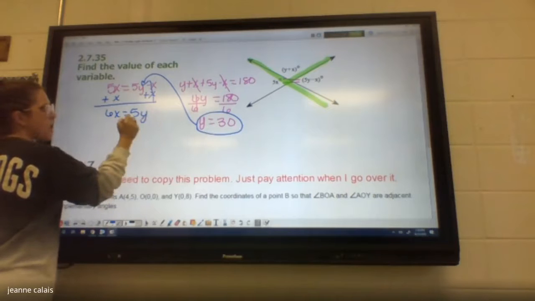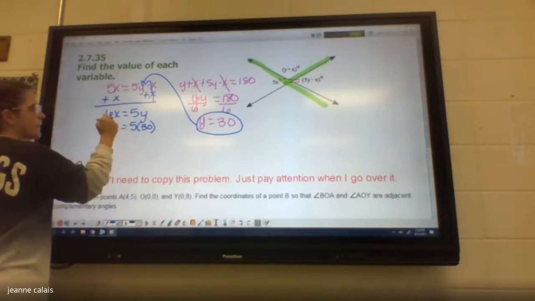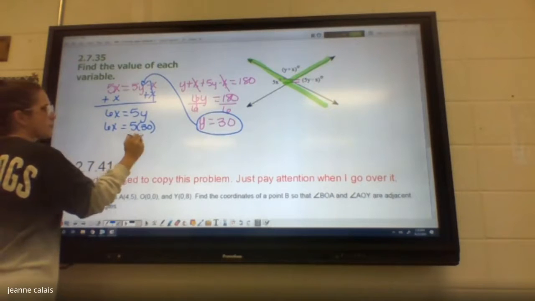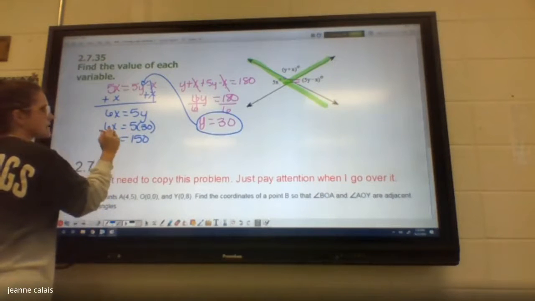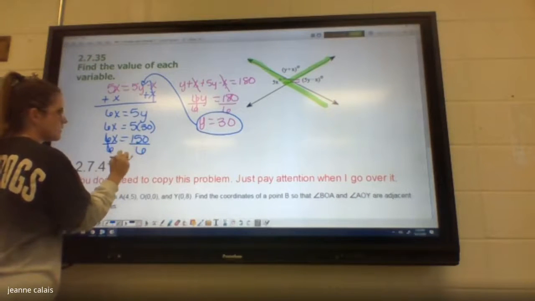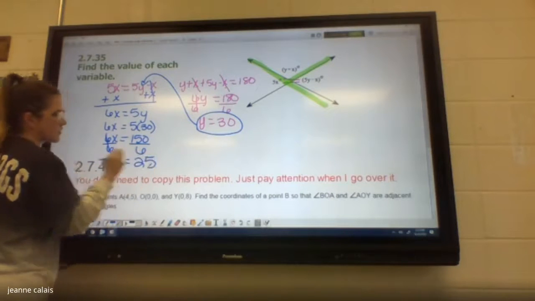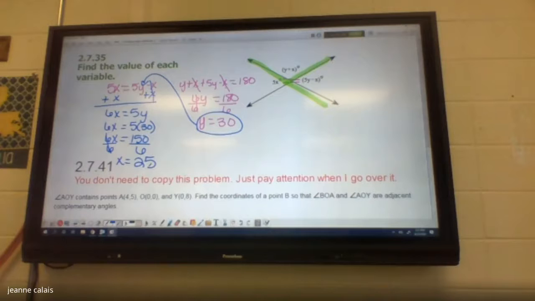And instead of y, I need to replace that with 30. And so I have 150 equals 6x. And that is going to give me 25. Okay. All right.